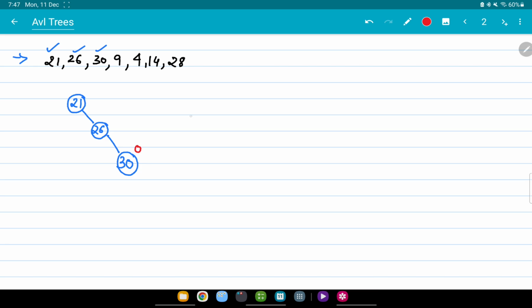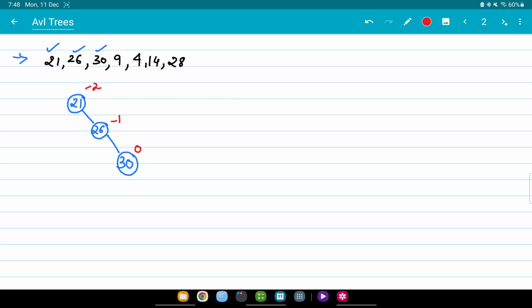In the case of 26, the balance factor is 0 on the left side, as there is nothing on the left of 26, and -1 on the right side because 30 is there on the right side of 26. So -1 is the balance factor of 26, and in the case of 21 we have 0 on the left side and 2 on the right side, so -2 becomes the balance factor of 21. So this is how we found the balance factor.